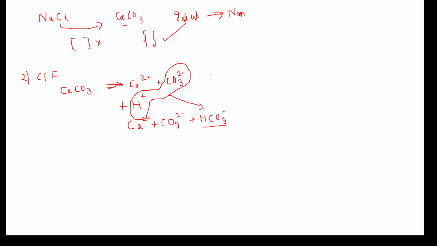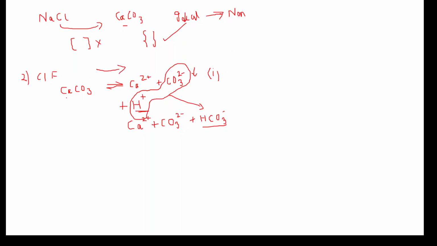So if we see the original equation, what is happening? Because of the addition of H plus, CO3 2 negative is reducing, right? When CO3 2 negative is reducing, to maintain the equilibrium it will shift in the forward direction.